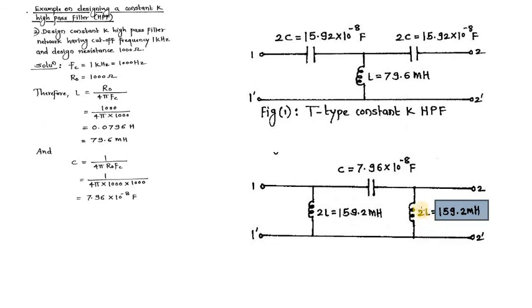So this is how you should write it, 2L and 2L. So this completes the design of a constant K high pass filter.